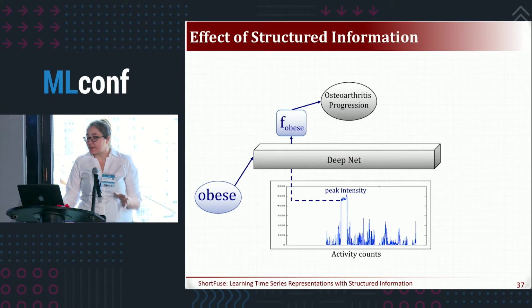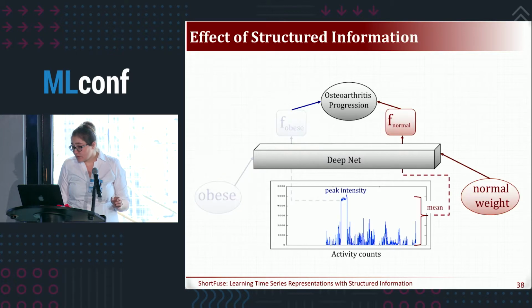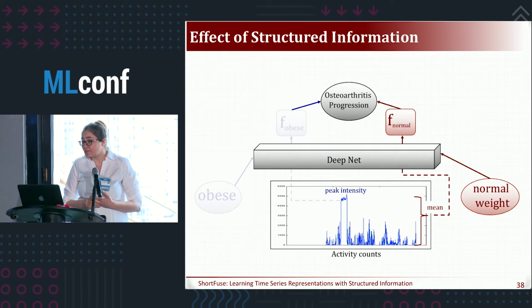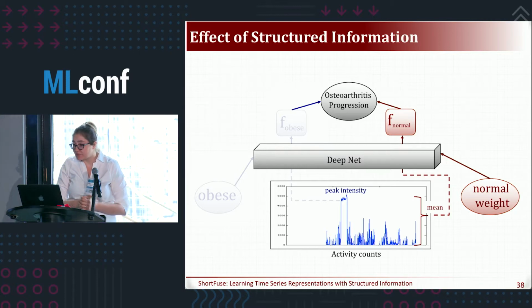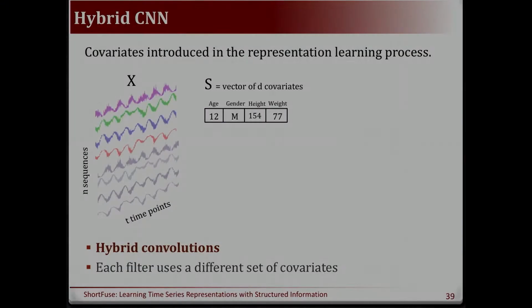In this case, peak intensity is the feature we should be looking at. Now, for the subject with a normal weight, the mean or minimum activity intensity is possibly more predictive. So the structured information present in the data set, the BMI of the subject, had a direct impact on which features should be learned by the model. In this case, not considering the covariates runs the risk of producing less informative features.